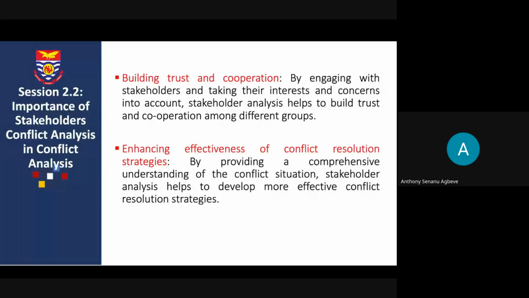Once that is not done properly, addressing the conflict will not be effective. So it's always important that bringing together the stakeholders, at the end of the day, is going to enhance the effectiveness of the resolution strategy. Then, because everybody feels a sense of belonging, everybody feels that they've been heard, that their concerns have been addressed.